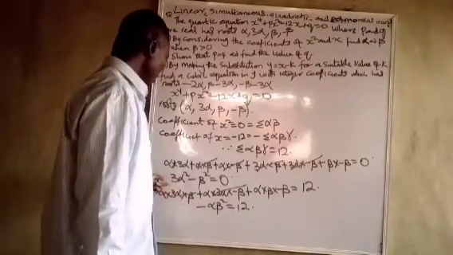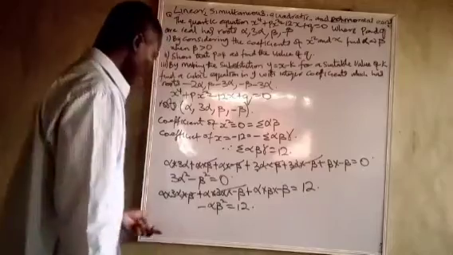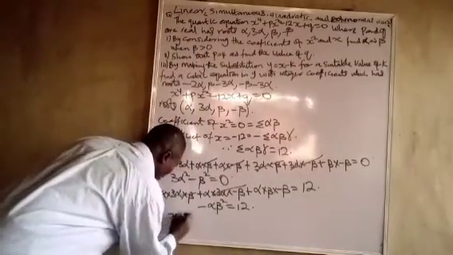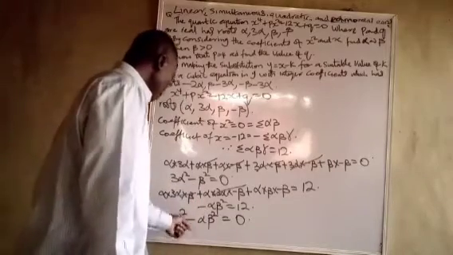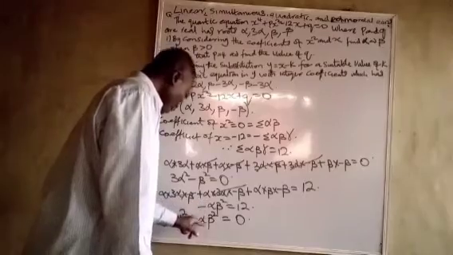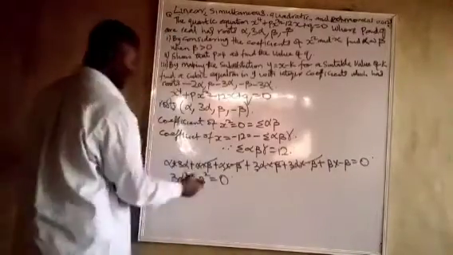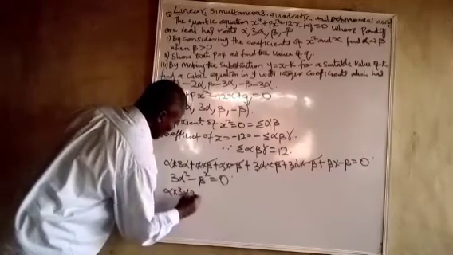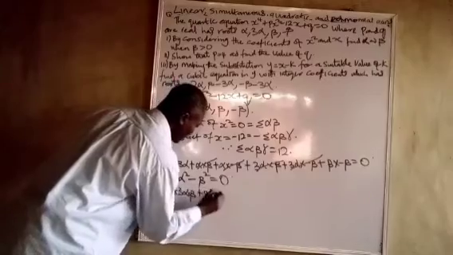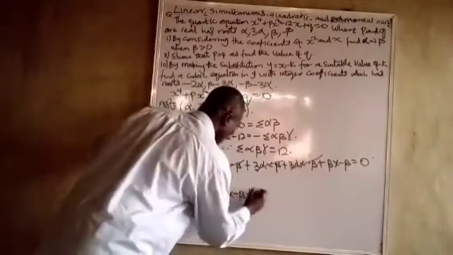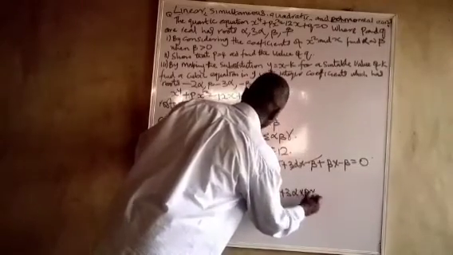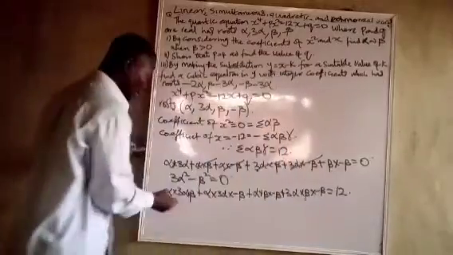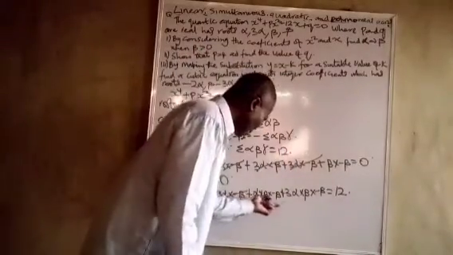Let me work this one: the first two terms cancel out, and the last two terms are alpha beta times minus beta, and 3 alpha beta times minus beta.